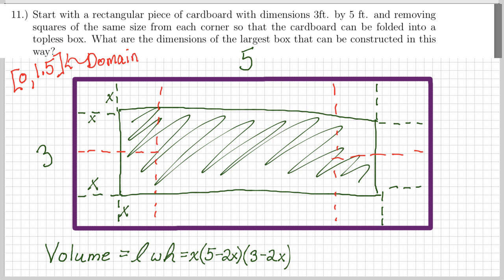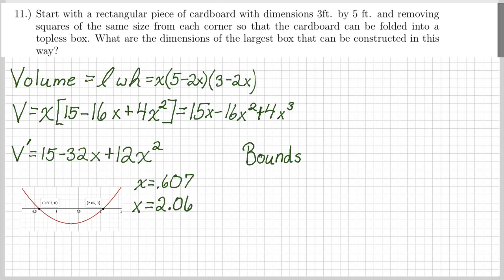So now I'm going to go back to the next slide. So I said that x must be between 0 and 1.5. So that eliminates this one, right off the bat. Now, in the case of both of those, so for x equals 0 and x equals 1.5, your volume is equal to 0.